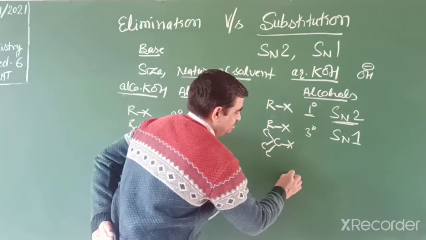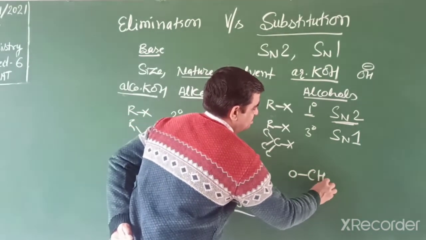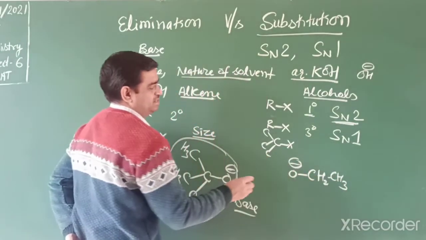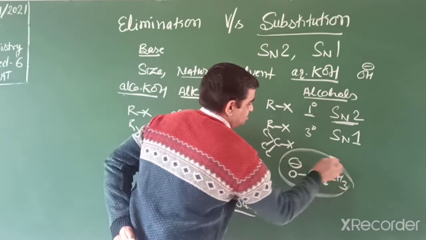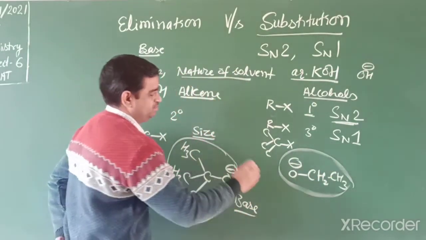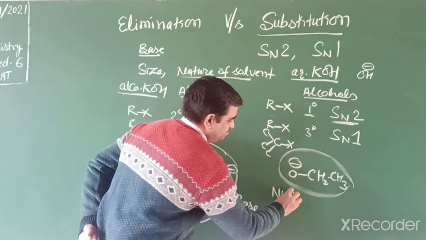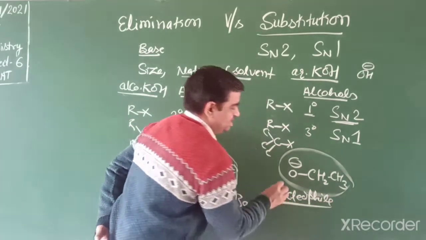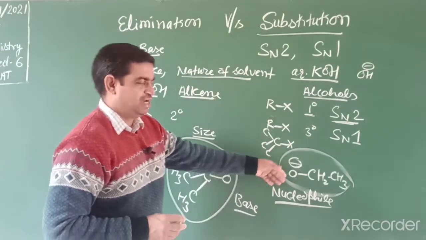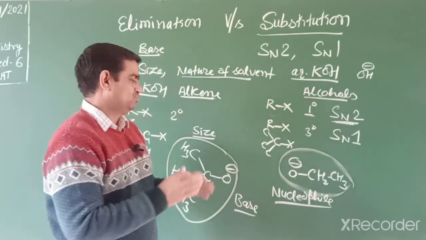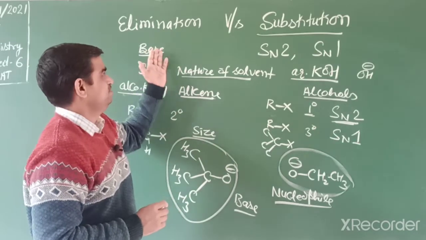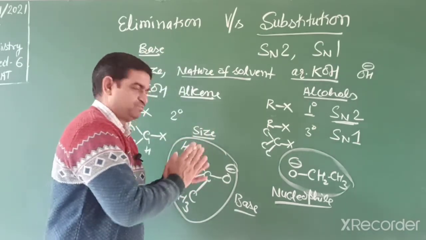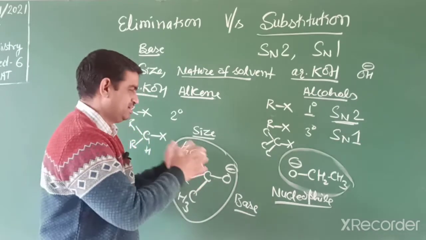If a base is smaller in size, like ethoxide, slightly smaller, then it behaves as a nucleophile, and we get alcohol-type substitution product as the major product in this reaction. So there is always competition between elimination and substitution, and we get a mixed product, meaning we don't get 100% pure product.